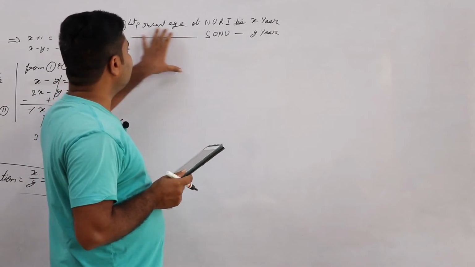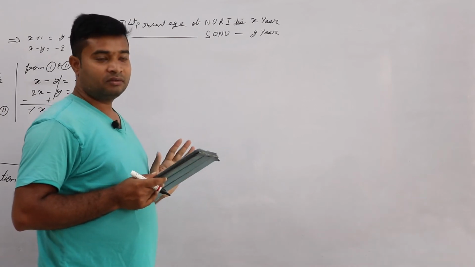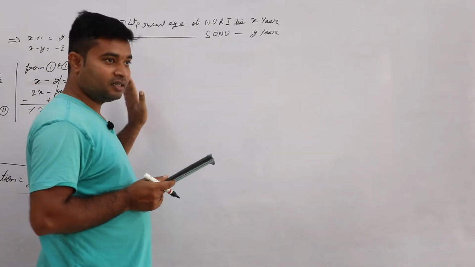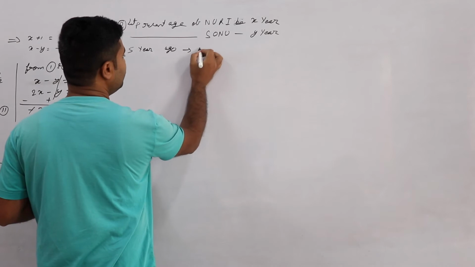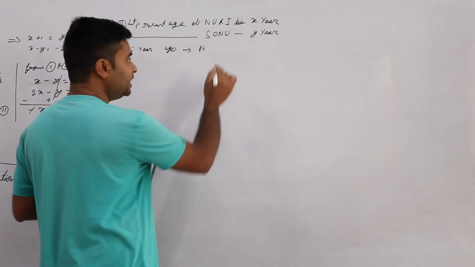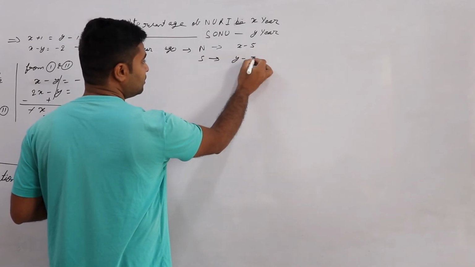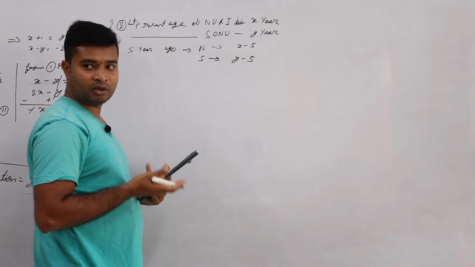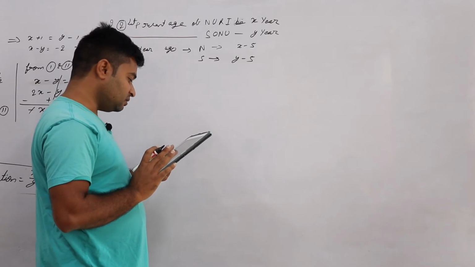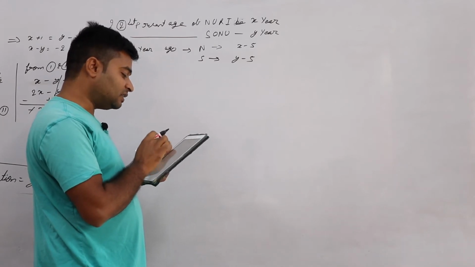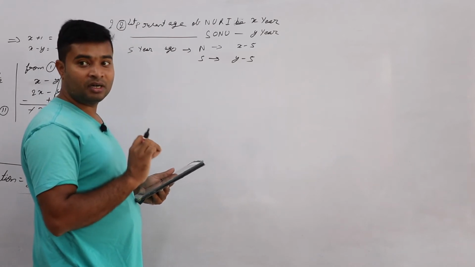So let the present age of Noori be x and Sonu be y. Achha, the question is saying 5 years ago. 5 years ago, Noori's age, I'm just writing n, how much? 5 years ago means x minus 5. Sonu's age is y minus 5, because 5 years before, Noori was thrice as old as Sonu.